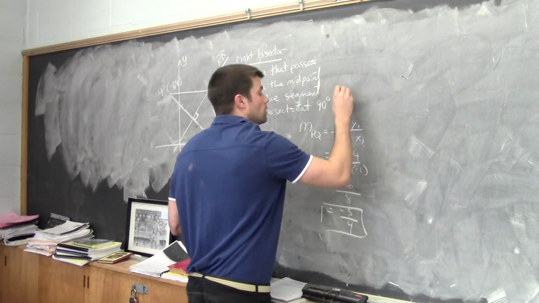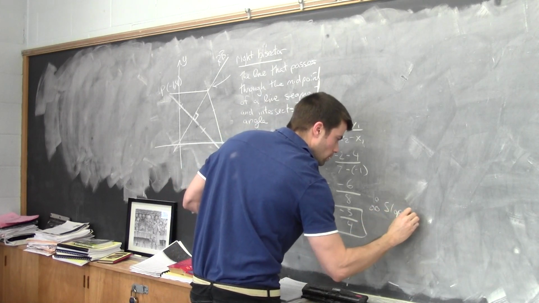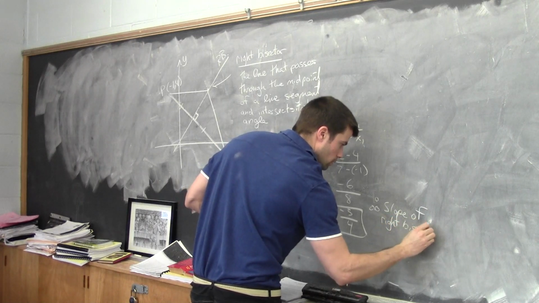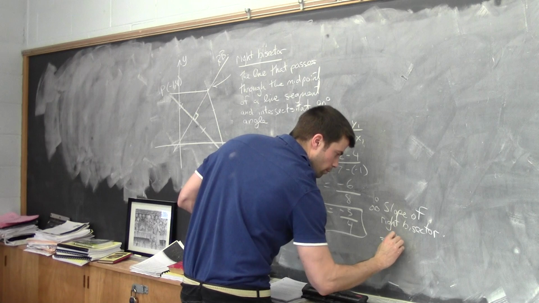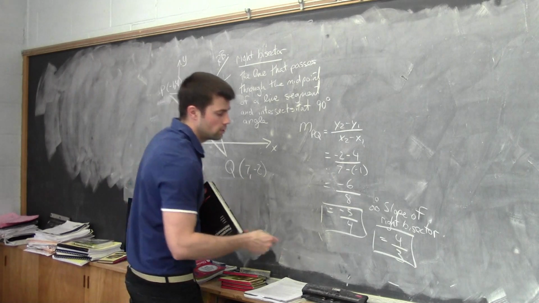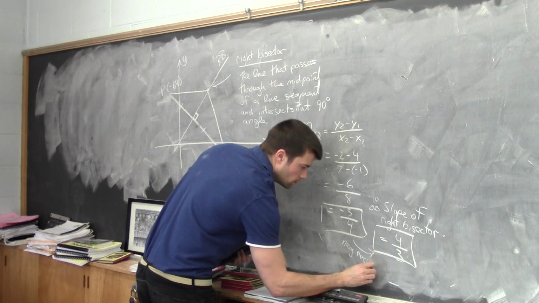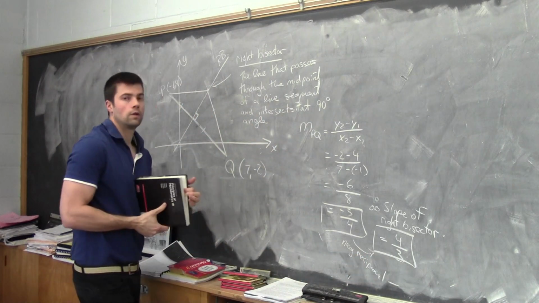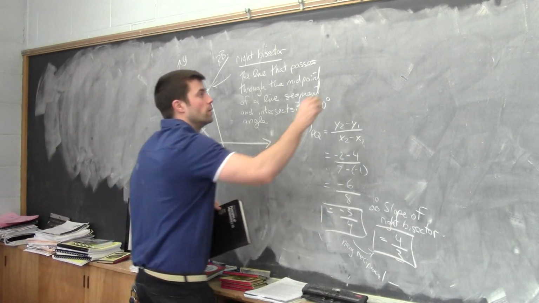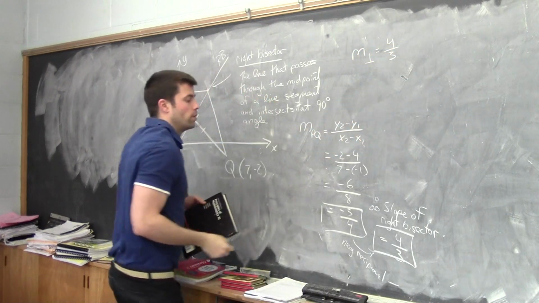So therefore, our slope of the right bisector is going to be equal to positive 4/3. So this is the negative reciprocal. All right, we can also write that m, the slope of the perpendicular line, is 4/3.